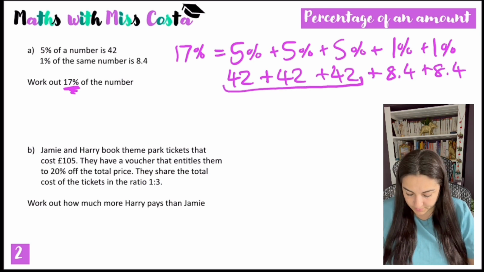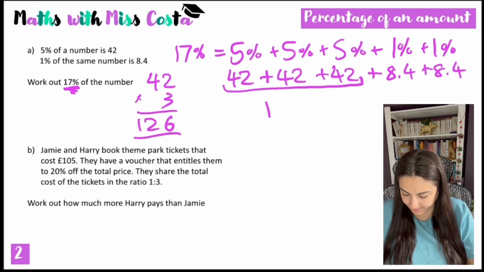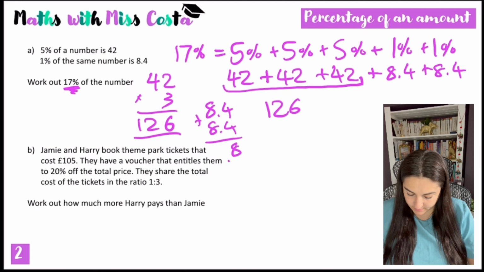So 42 times 3. 3 times 2 is 6. 3 times 4 is 12. That's 126. And then 8.4 plus 8.4 gives me 16.8.